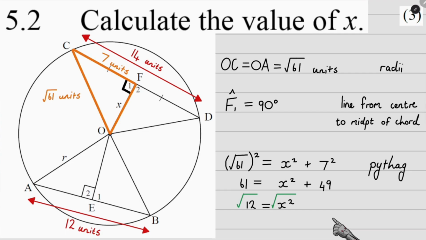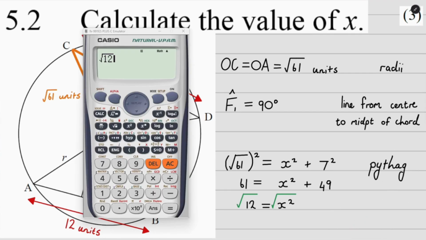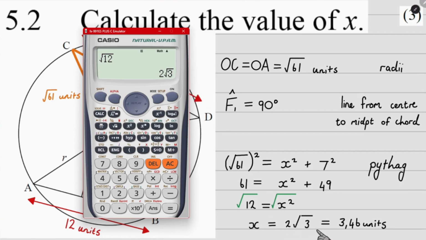And then we're going to pop that into our calculator. So if I pop it in, press equals, it gives me 2 root 3. So I can list my answer like that, or I can hit the S to D and list my answer to 2 decimal places. And just make sure whichever one you list, you clap the word units next to it.